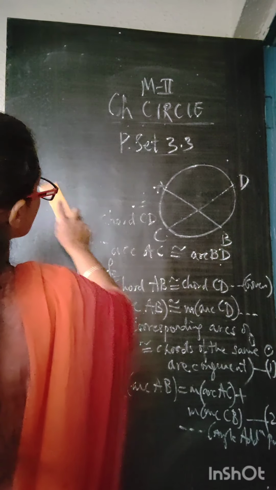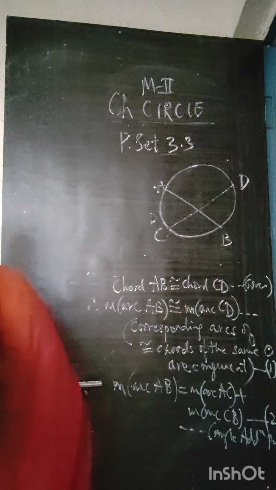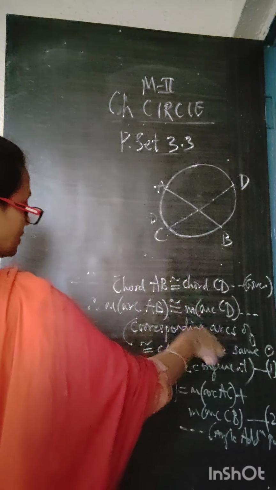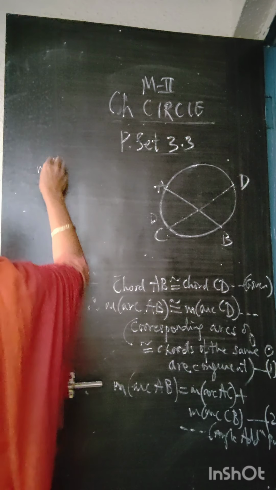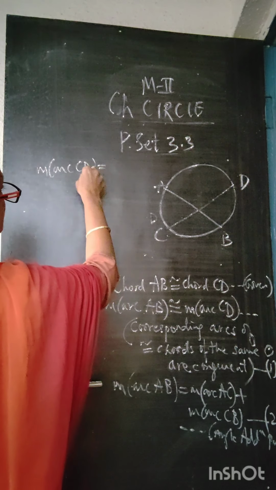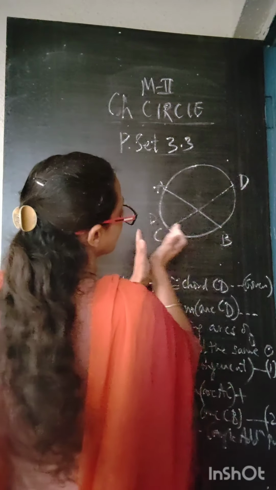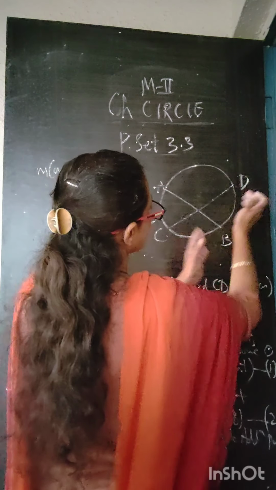I will write down here now, I don't have space down. What is the other arc? CD. Measure of arc CD is equal to the addition of CB and BD. Entire arc CD is made up of CB and BD, right?